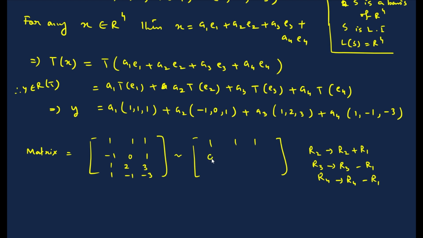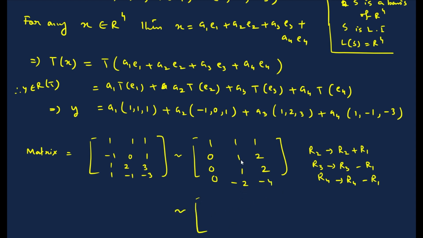So these will become 0, 1, 2, and so on. Sorry, we are subtracting, so it will be 1, then 2, then -2, and then -4.